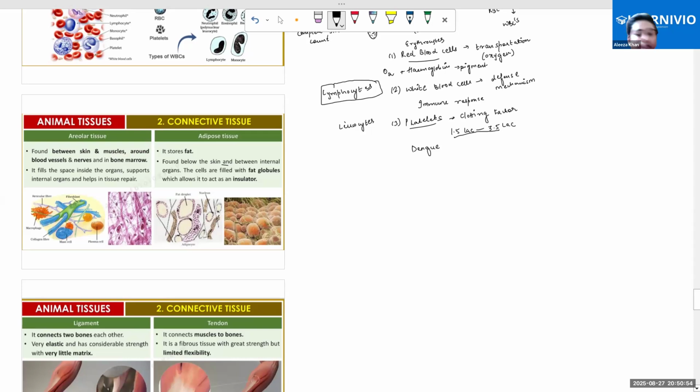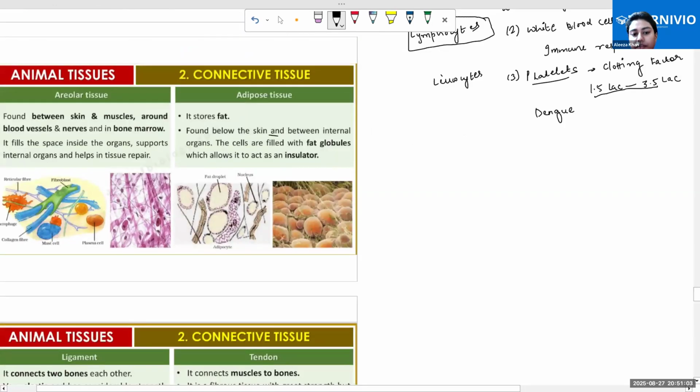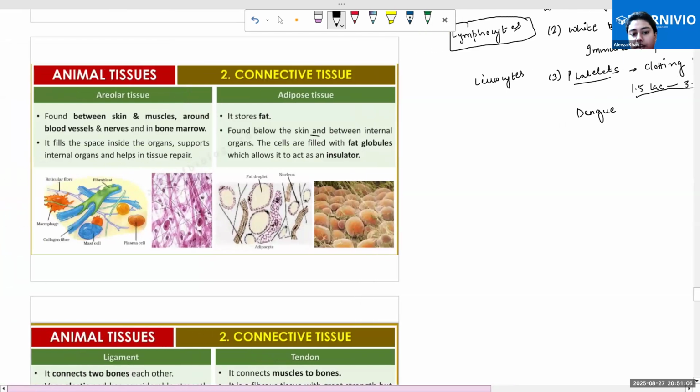From where do you get the vitamin D? From sunlight. Main source. Very good. Okay. So what could be the diet for the intake of calcium?